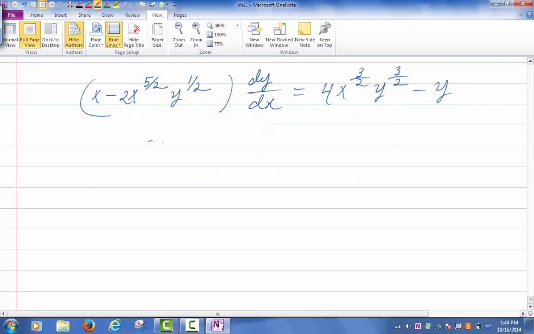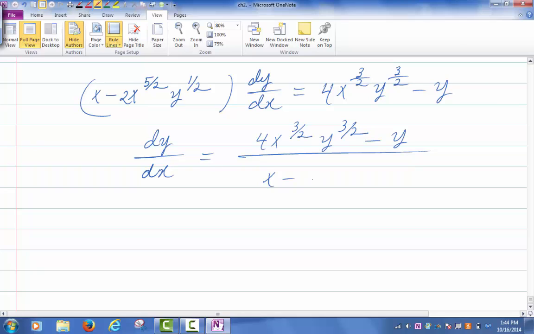And finally, dy/dx is (4x to the 3/2 y to the 3/2 minus y) over (x minus 2x to the 5/2 y to the half). Is everybody okay with that? So that's the final answer. Any questions, anybody?